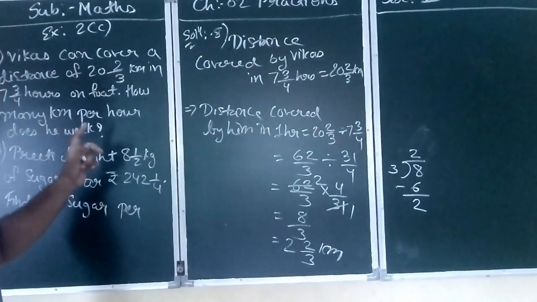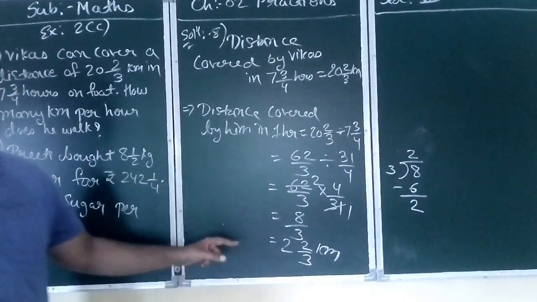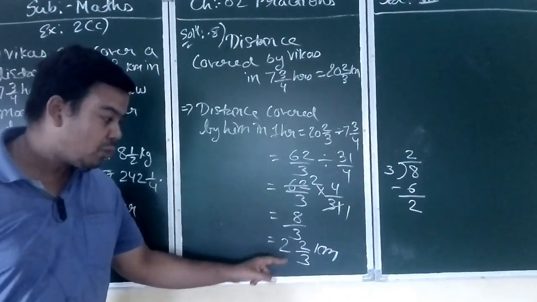Means Vikas covered in 1 hour how much distance? 2 by 3 kilometer.